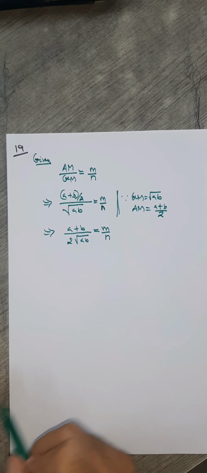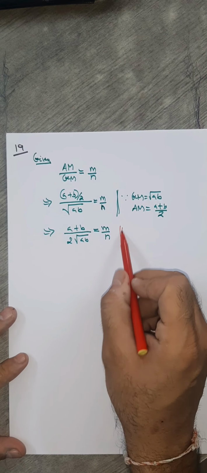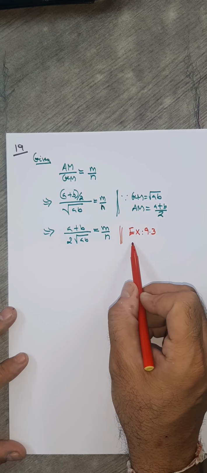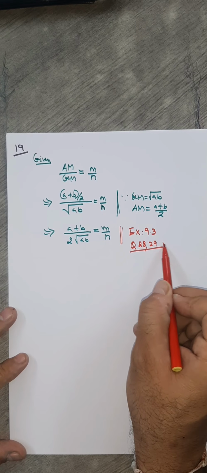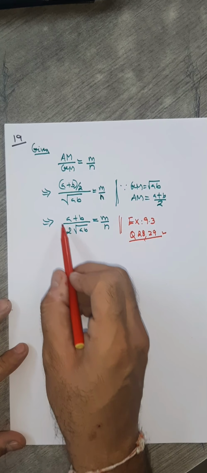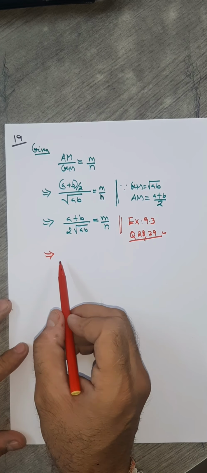Now we had earlier such two questions. If you just refer to exercise 9.3, have a look at question number 28 and 29. The flow of solutions of these two questions is more or less like the flow of this solution.